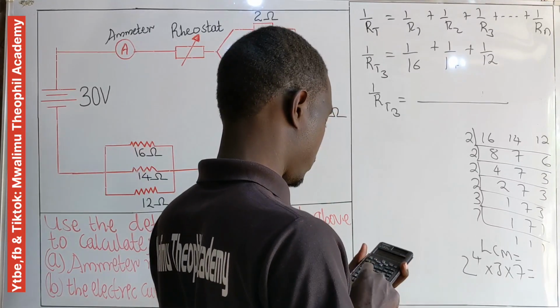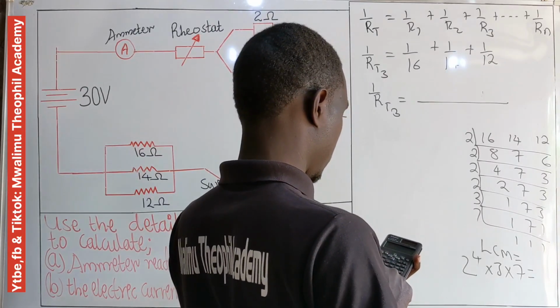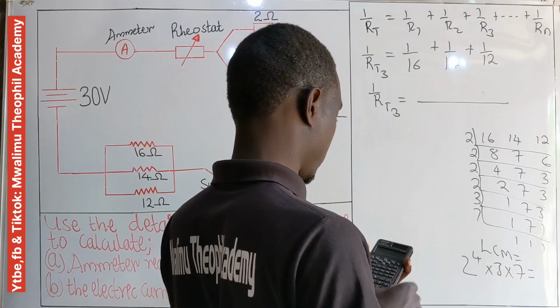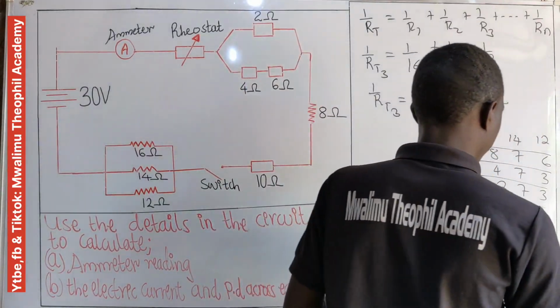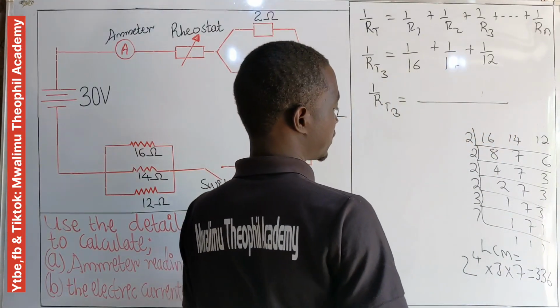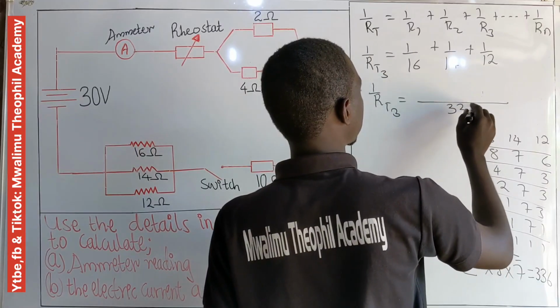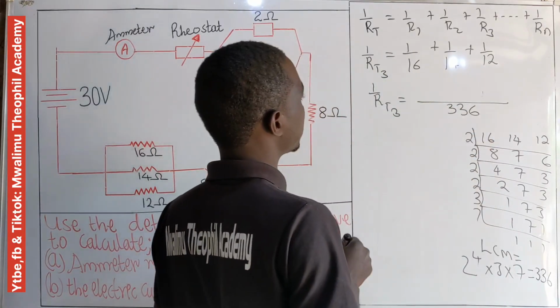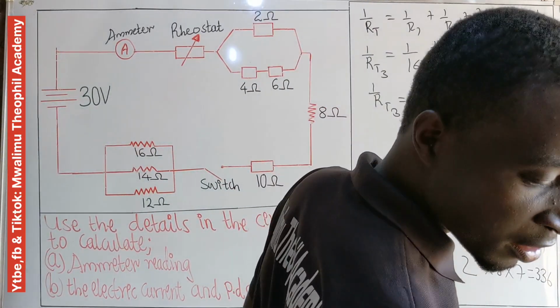We have 2 raised to 4 times 3 times 7. We get 336. Now 336 is our LCM.